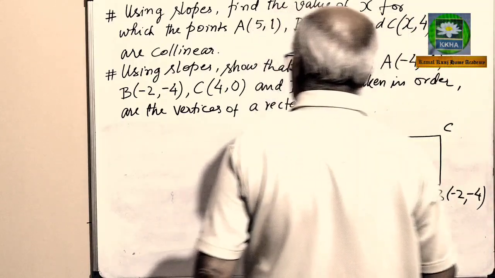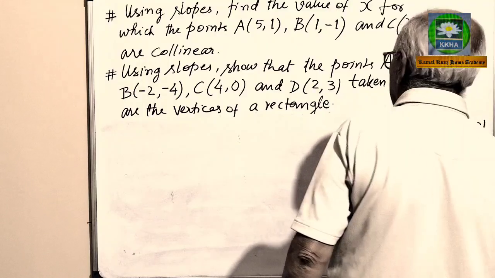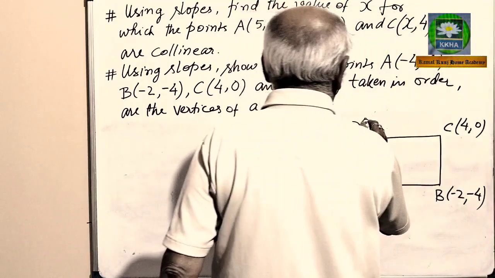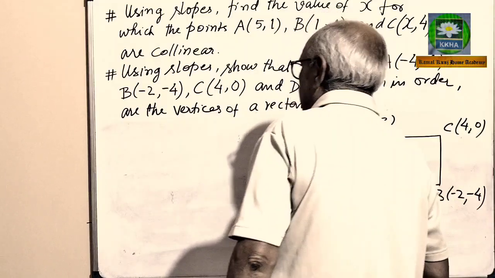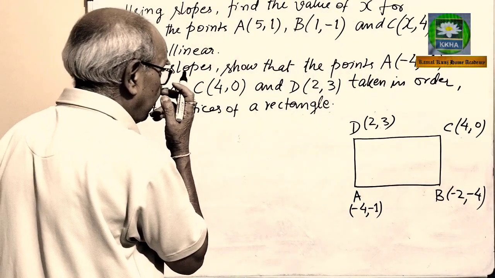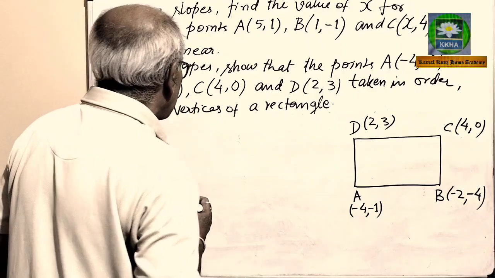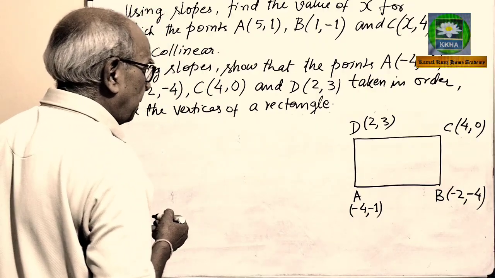Coordinates of C are 4, 0, and coordinates of D are 2, 3. Now, using the slopes of the sides, we prove that it's a rectangle.